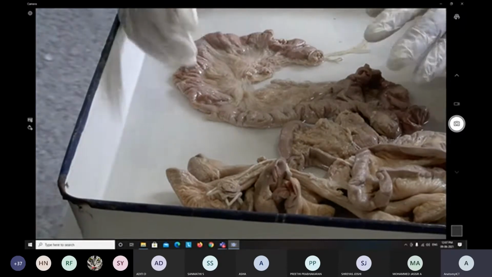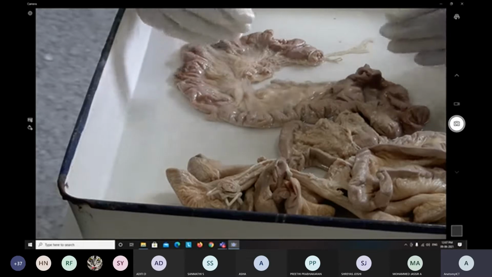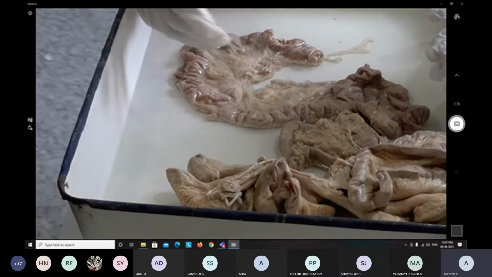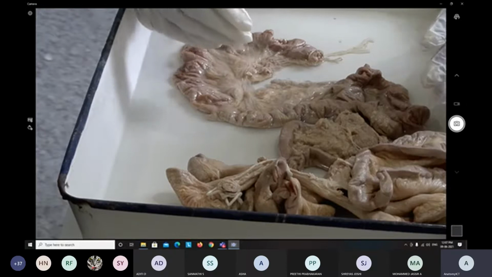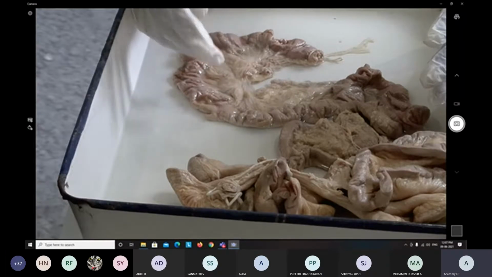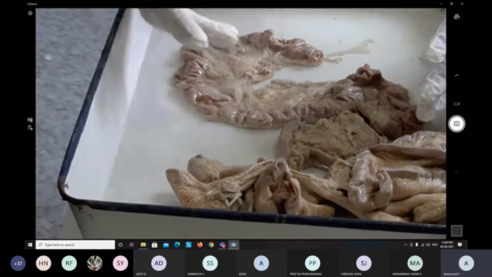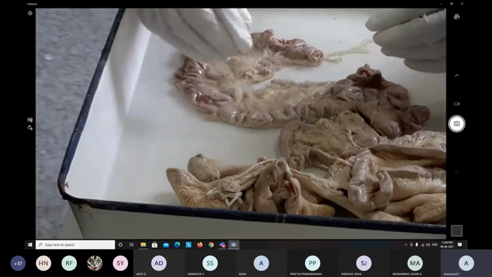When we discuss the small intestine anatomically, the majority of it is absorptive in nature, especially the inner surface, the epithelium. It doesn't matter whether it is absorbing nutrients and food materials; it even absorbs whatever toxins, drugs and liquids we consume.